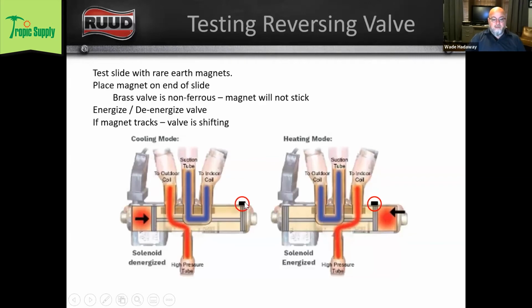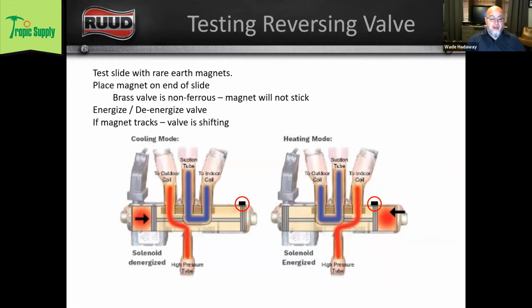So if you put this magnet on the end of your valve, and then you energize the valve, and you watch this magnet track and slide all the way over, like we've got right here, you can see that the valve itself is sliding. A lot of people condemn valves because they think the valves aren't sliding.